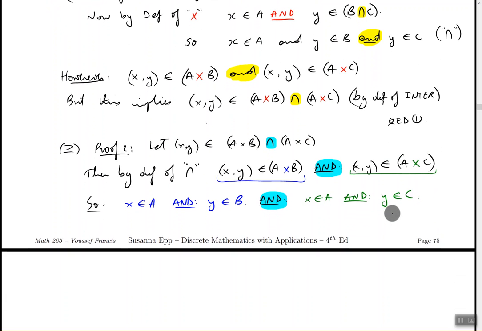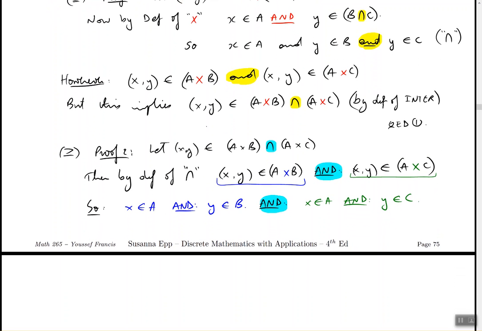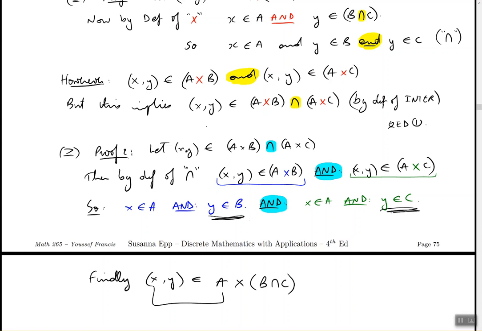Okay, now there's a lot of ands in here, so here's what I'm going to do. I'm going to collect a couple of them together. Finally, I can say this. I can say that x comma y is where? It belongs inside of A, for sure, because x comes from A, crossed with B intersect C. Remember, y is in B and y is in C, so y is in the intersection of both of them, especially because there's ands everywhere.